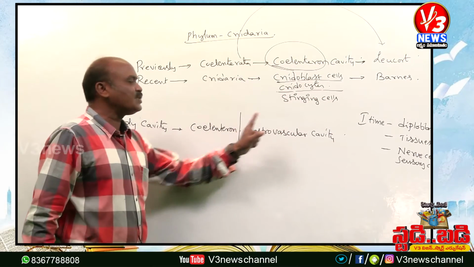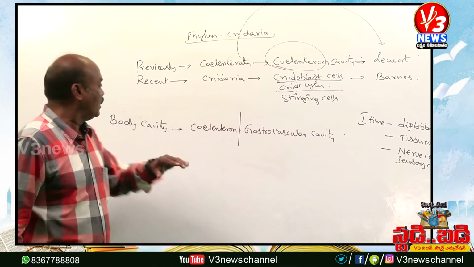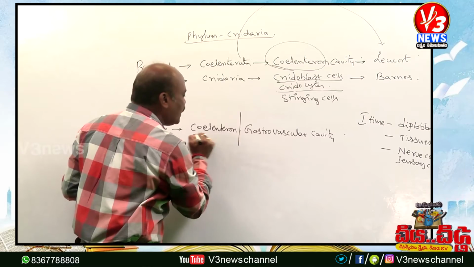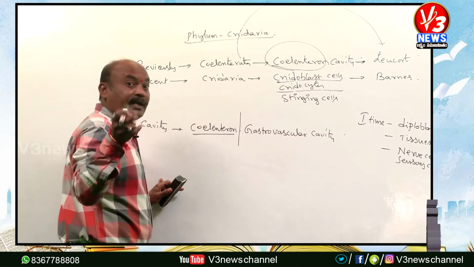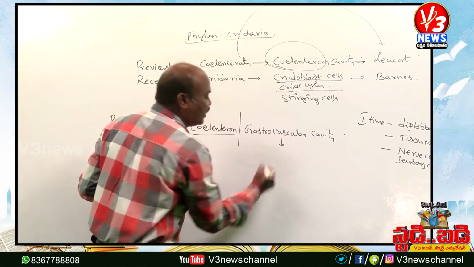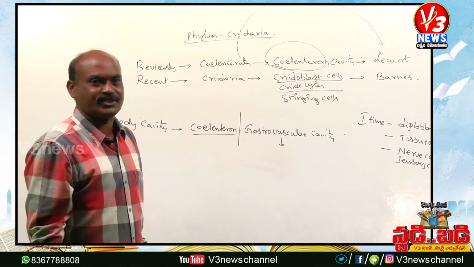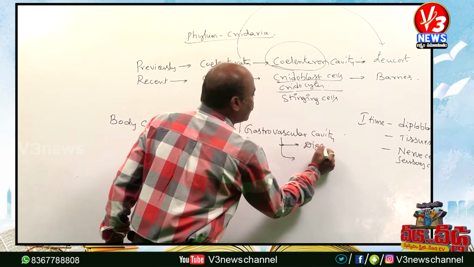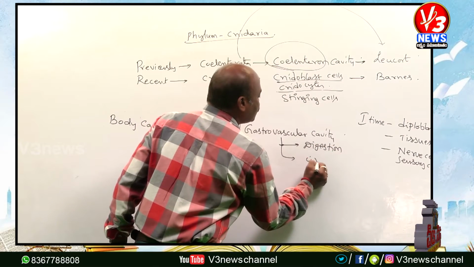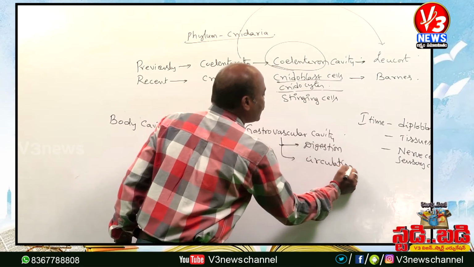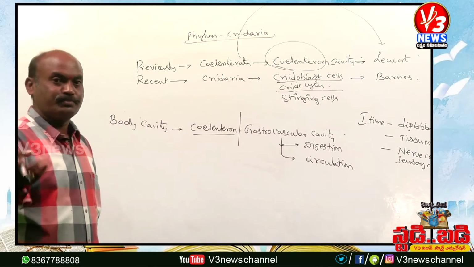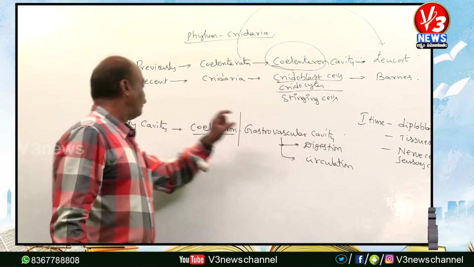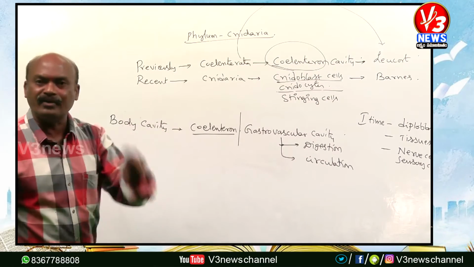In Cnidarians, that coelenteron or gastrovascular cavity serves two functions. What are those two functions? It helps in digestion and also in circulation. That is about the body cavity.